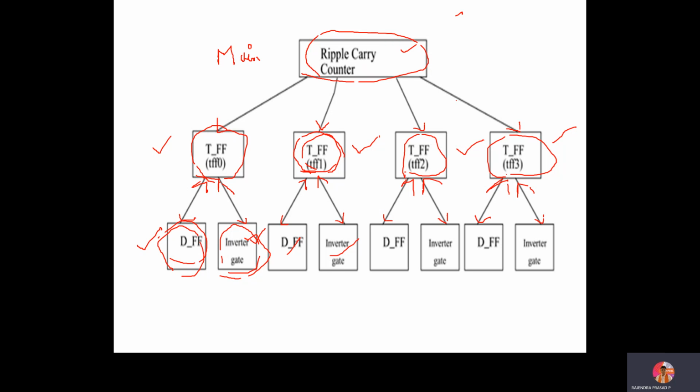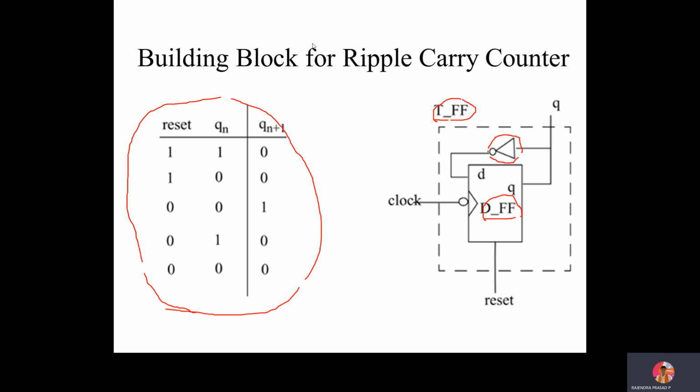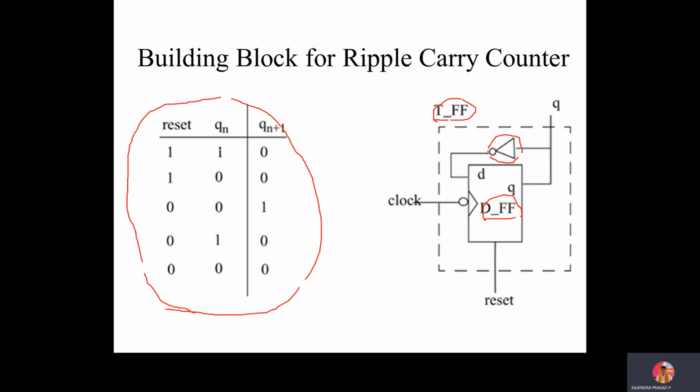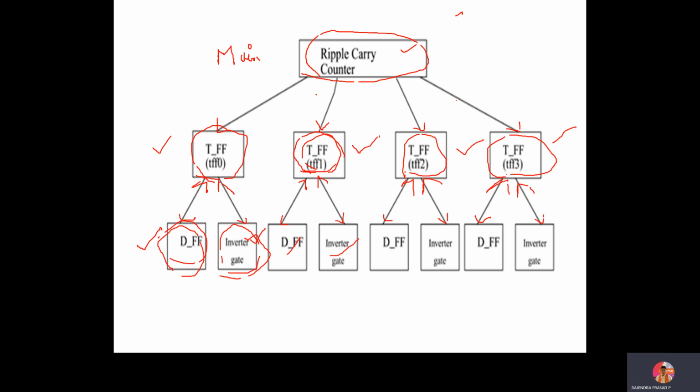In the main program, I need to define input and output. The input will be clock and reset. The output will be Q0, Q1, Q2, Q3. Then I need to write a sub-program for TFF0, for TFF1, for TFF2, and for TFF3.